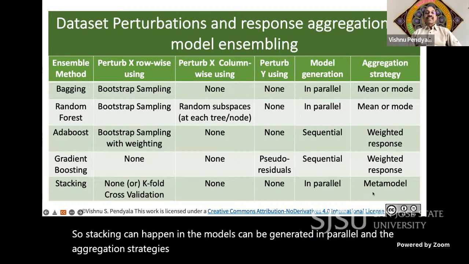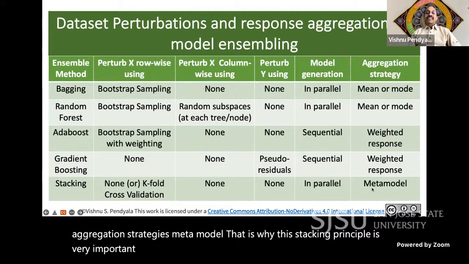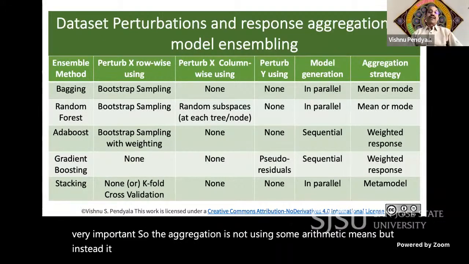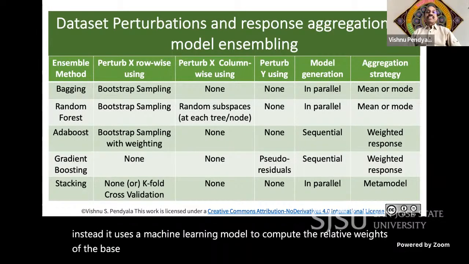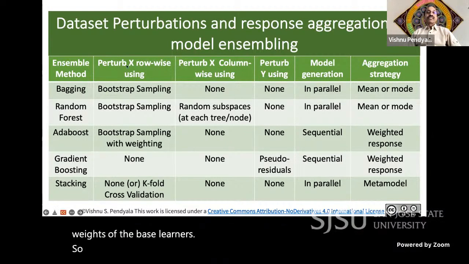That is why this stacking principle is very important. The aggregation is not using some arithmetic means, but instead it uses a machine learning model to compute the relative weights of the base learners. So this essentially summarizes today's talk, right?